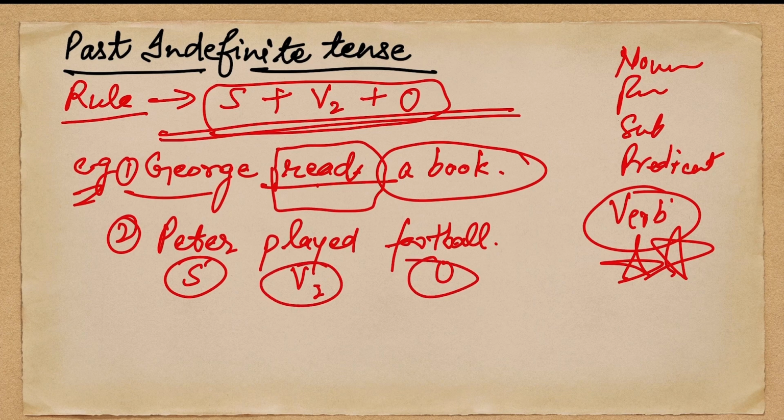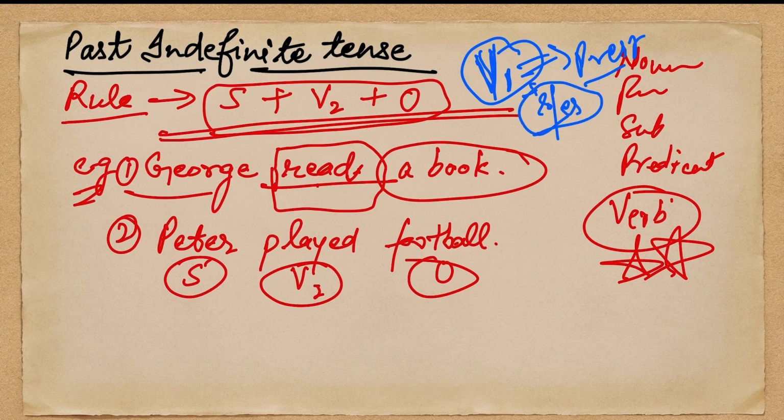What is the difference between past indefinite and present indefinite? In present indefinite we use first form of verb plus s and es according to the subject, whether it is singular or plural.